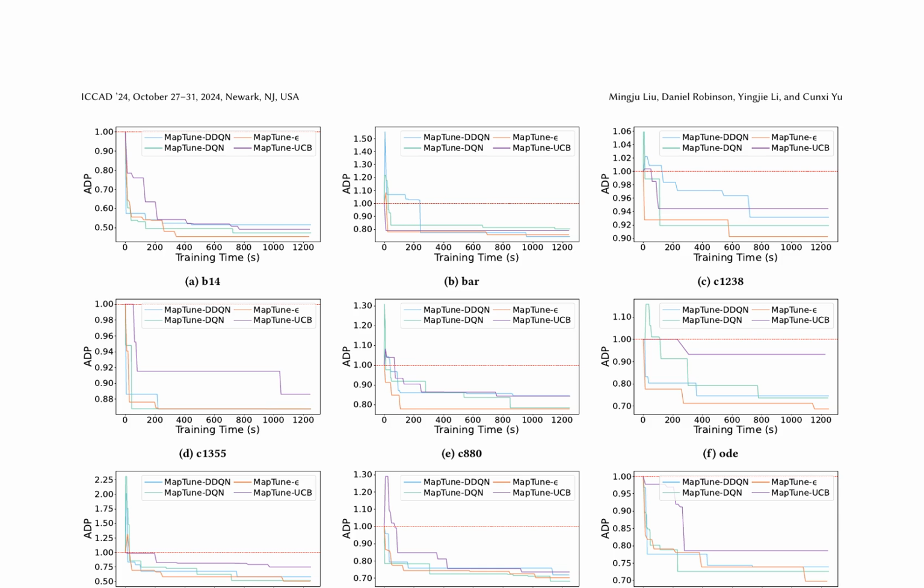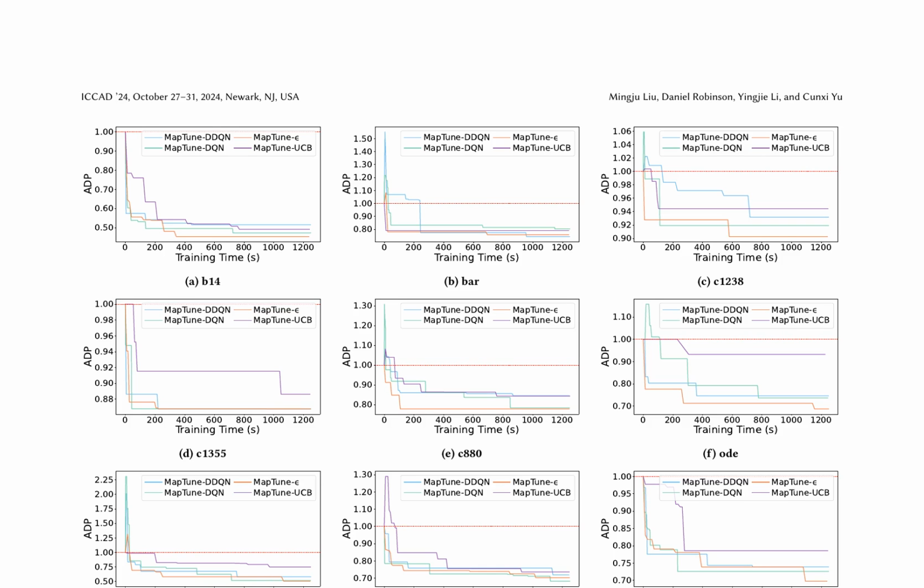A comprehensive comparison of the ADP convergence rates for 9 selected designs mapped on the ASAP7 library, tuned by various MapTune MAB and MapTune Q methods with the ABC delay-driven mapper, reveals that MapTune achieves at least a 4% ADP reduction compared to the baseline.